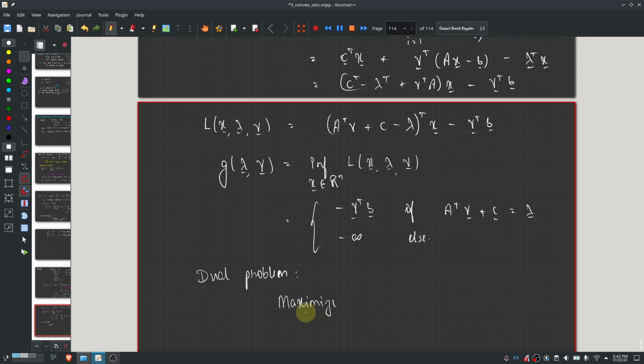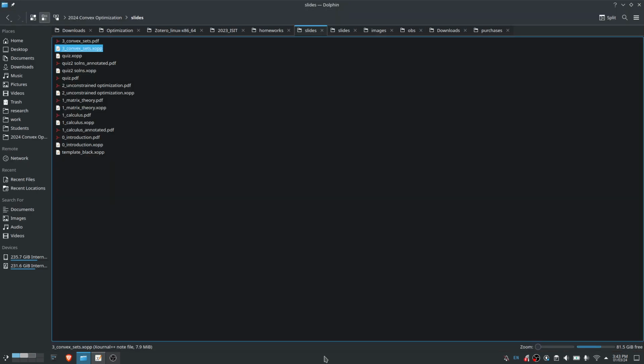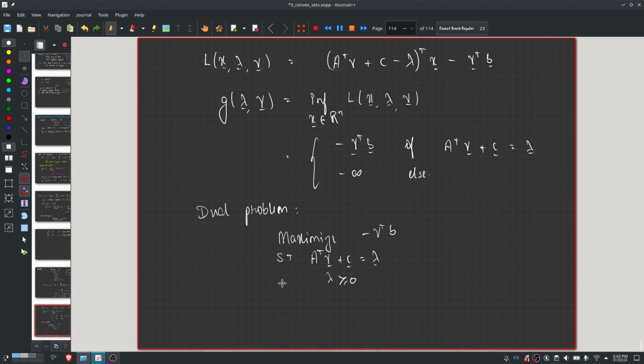I claim that this is the same as maximize minus nu transpose B subject to the constraint that A transpose nu plus C equal to lambda and lambda greater than or equal to 0, right? So nu transpose B is always going to be greater than minus infinity, so maximizing this is the same as maximizing this subject to these constraints.